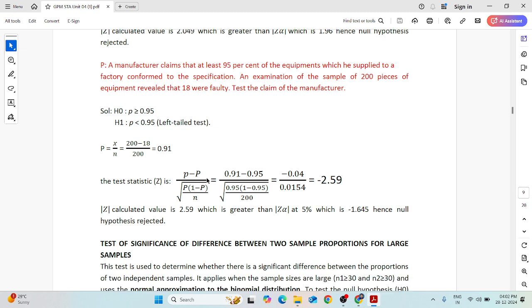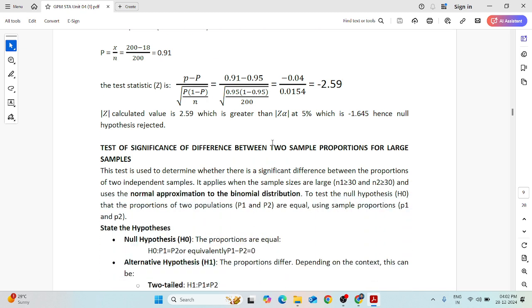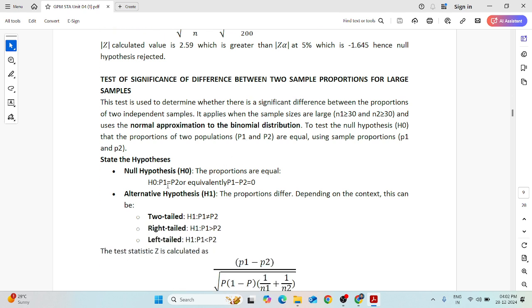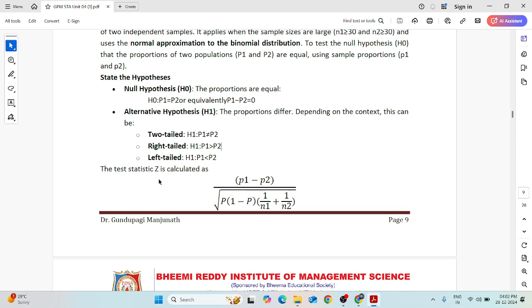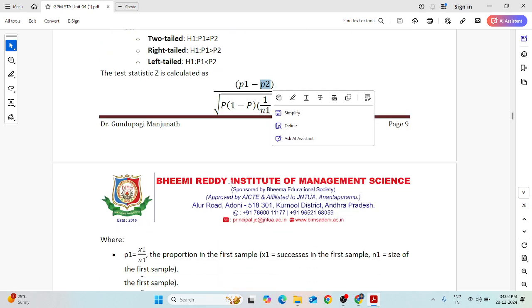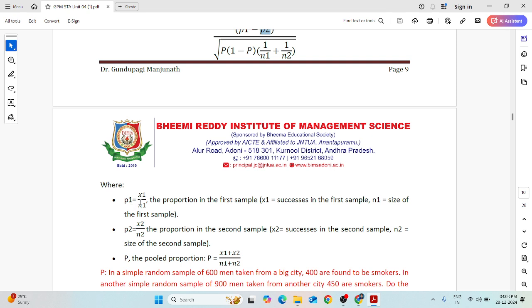null hypothesis. In the same way, where we had one sample proportion, here in this case we have two sample proportions, where P1 equals P2. Again the alternative hypothesis is P1 not equal to P2, because we have considered proportion 1 and proportion 2. The Z test statistic is calculated as proportion 1 minus proportion 2, where P1 is x1 by n1 and P2 is x2 by n2.